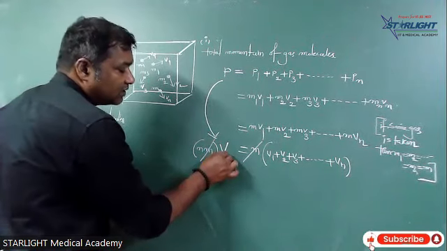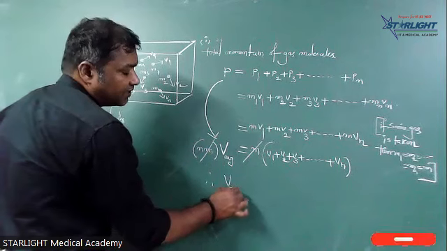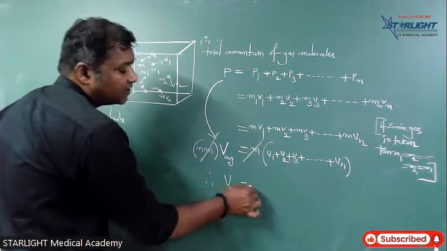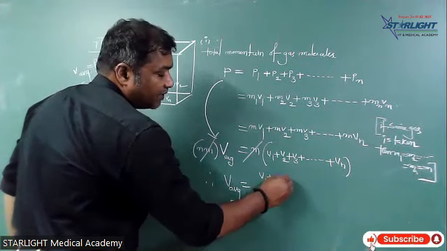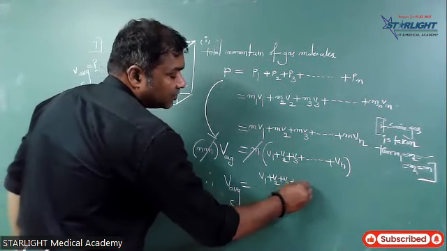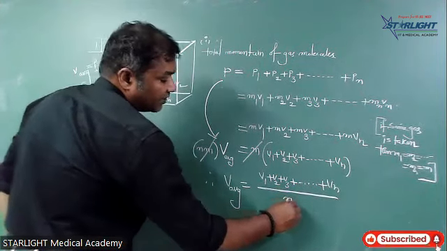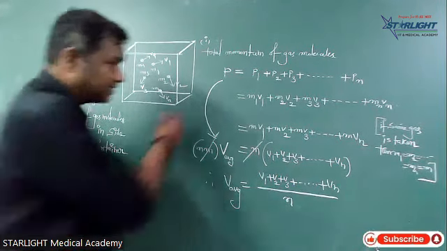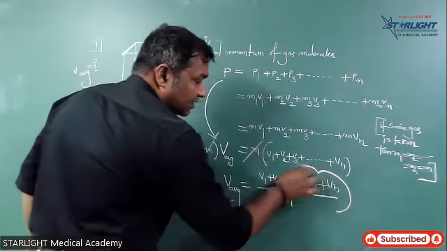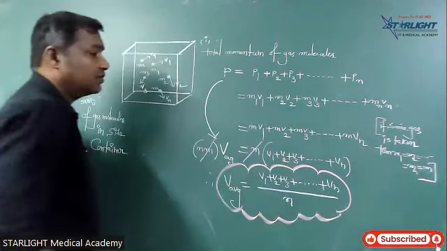Therefore, this is average velocity. The average velocity of gas molecules is equal to v1 plus v2 plus v3 and so on plus vn, upon n. This is the average velocity of all gas molecules inside this one. Okay, first one is over.